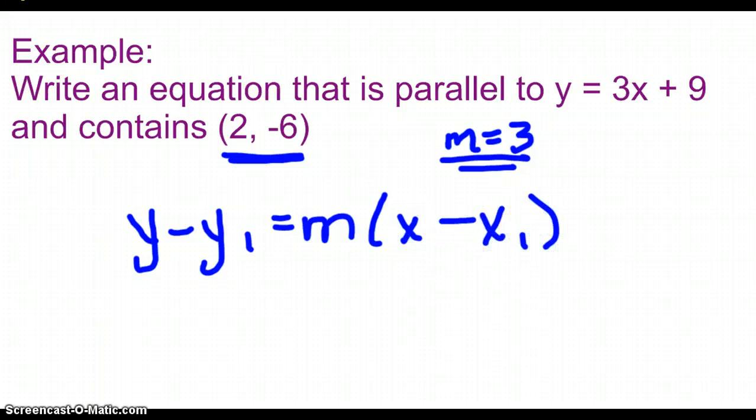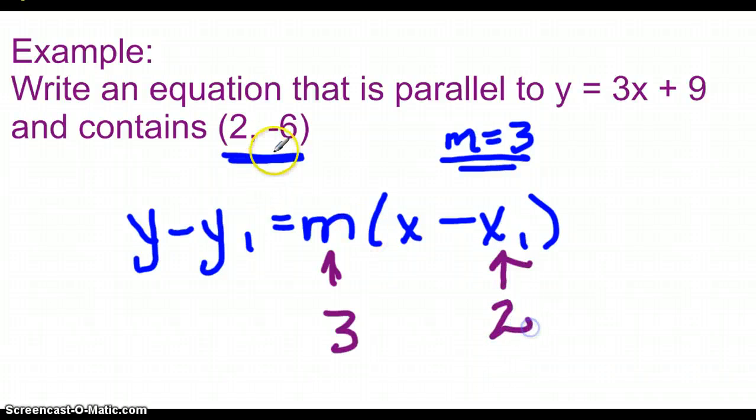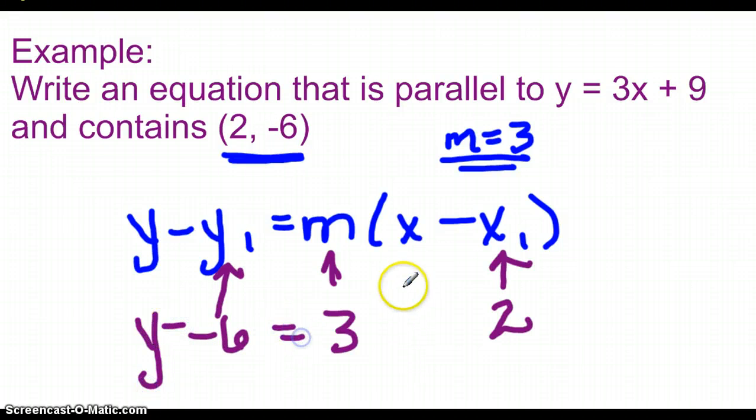If I'm using this formula, my slope is going to have to be 3. This x(1) is the x value of the point that you get. So our x value in this point is 2. And our y value, this y(1), has to be the y value here, which is -6.